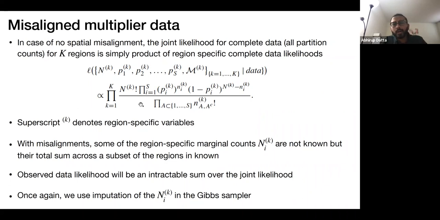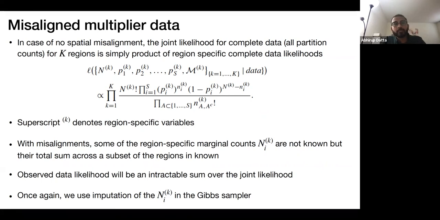And then we can do Bayesian inference on the population size estimate for each region. So here the superscript k denotes the region specific variables, but this is the same as the likelihood that we saw earlier when we were just considering one region, just that we have a product now over k regions. This is when we have no spatial misalignment.